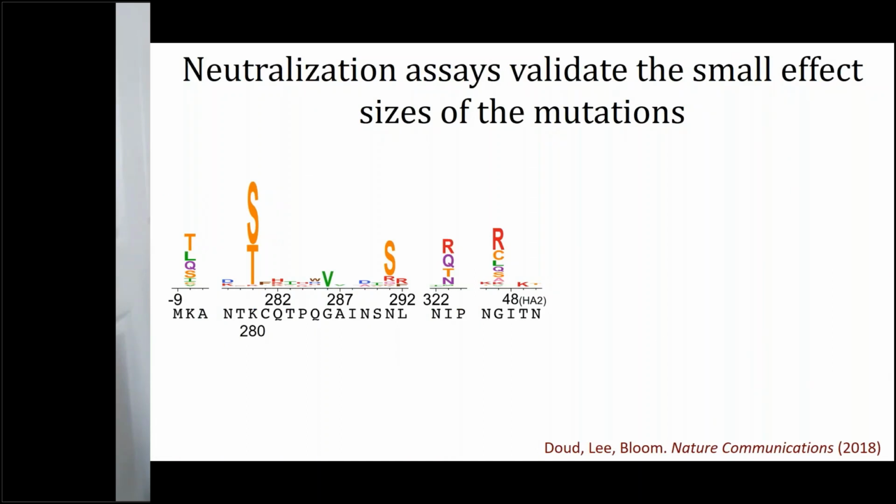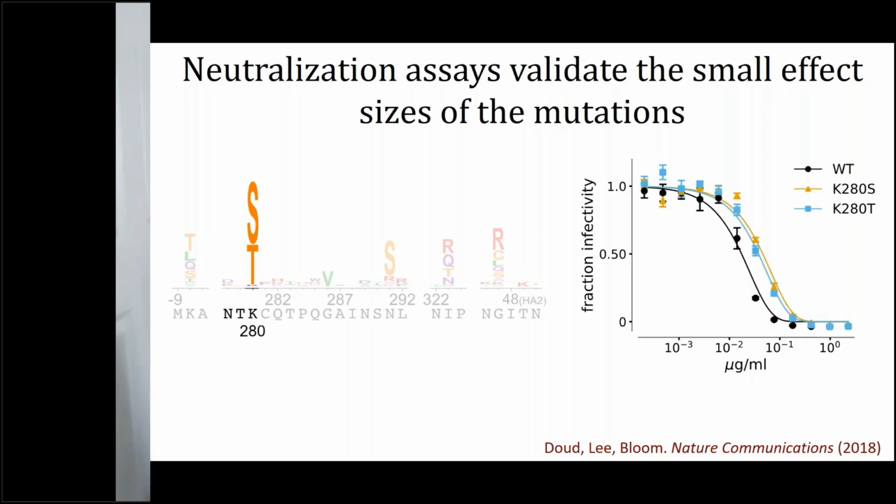And we can also validate the small effect sizes of these mutations. So for instance, if we look at the site where the mutation has the largest effect on neutralization of this H1 HA by Fi6V3, this is a mutation that introduces a glycosylation site at 278, so it puts an N-linked glycan motif here.